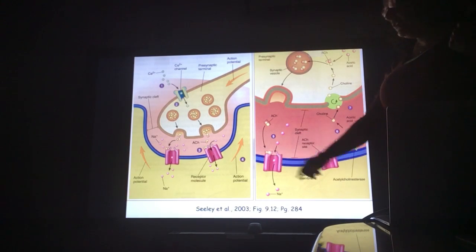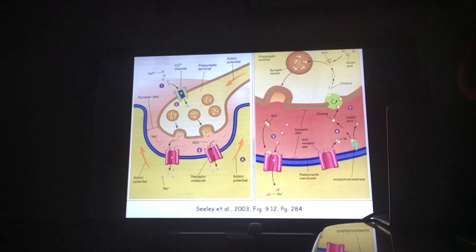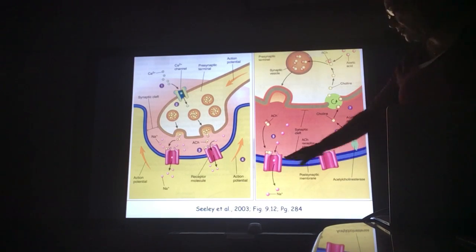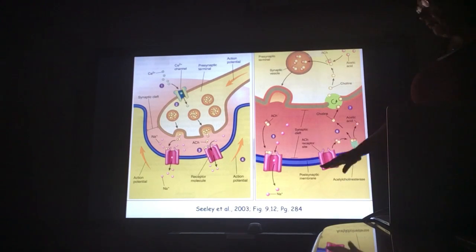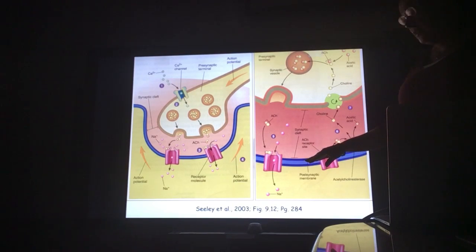Acetylcholine binds to the receptor on the sodium channel of the sarcolemma. This is the sarcolemma, this is the muscle fiber down here. That opens the sodium channel and sodium fluxes in, and we have that reversal of charge like we did with the action potential.